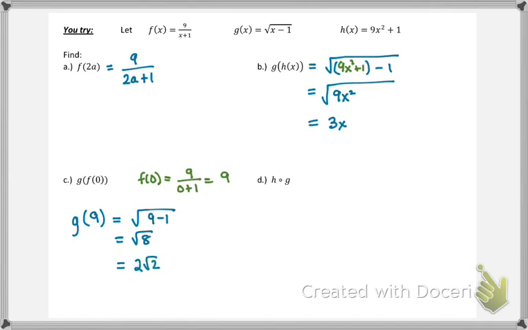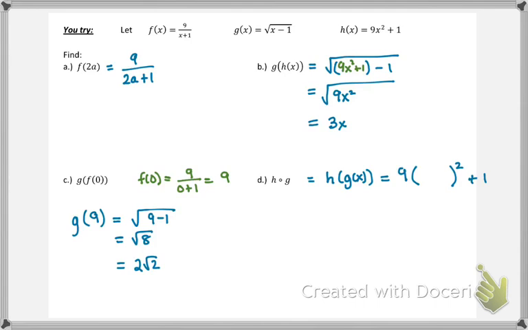And then finally you have h of g. This tells me that I'm going to put the g inside the h function as the new input. Okay, so normally my h function is 9 times whatever the input is squared plus 1.